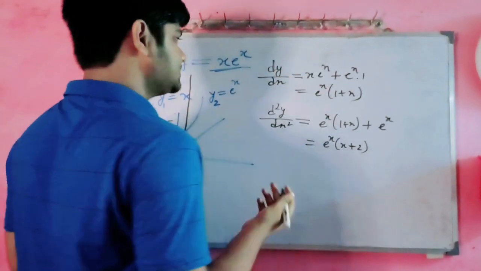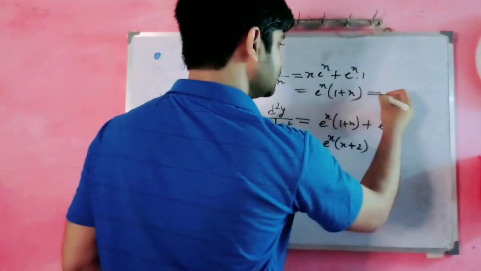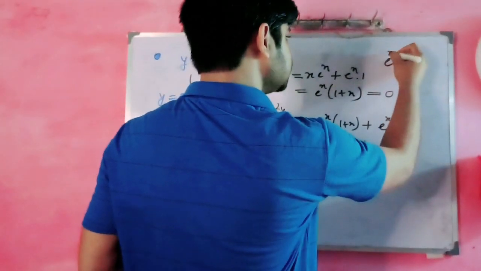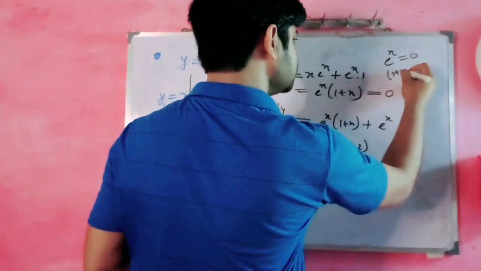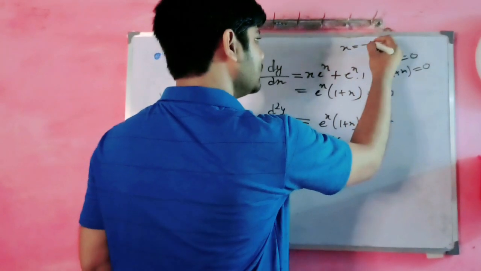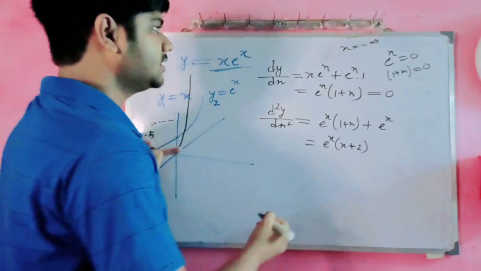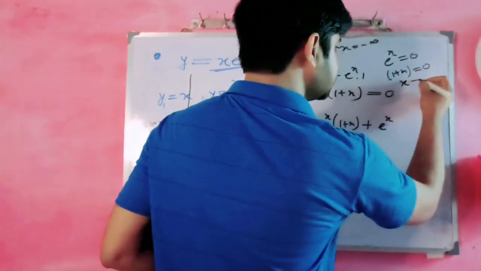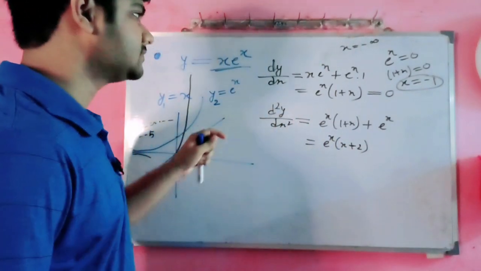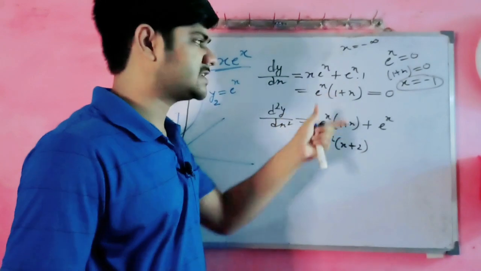Now for a minimum or maximum value of y, dy/dx equals 0. So let us write this one as 0. e raised to x equals 0 or 1 plus x equals 0. If e raised to x equals 0, that means x equals minus infinity, which you know will happen from the graph. But for x equals minus 1, there is a minimum or maximum.